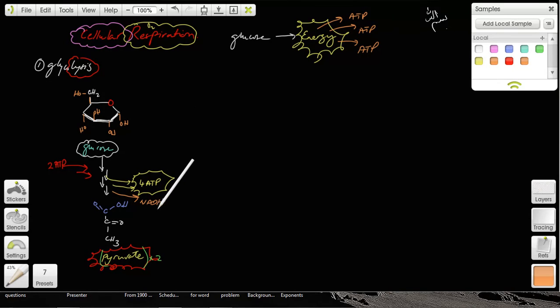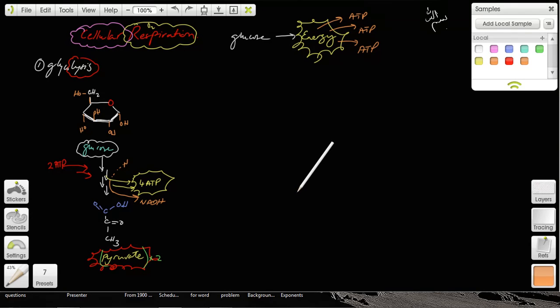This is how it's written, but NADH is the same thing as NADH plus H plus. So there are 2 electrons hidden in there. Now NADH is converted from NAD plus. So NAD plus is converted to NADH in this process.